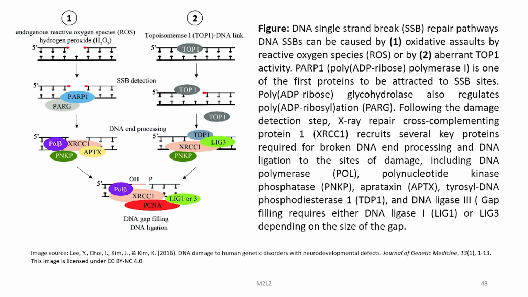So, you can see here the left arm is having endogenous reactive oxygen species and hydrogen peroxide. Basically, these are oxidative assaults by these reactive oxygen species, and in the right arm or pathway 2, aberrant TOP1 activity.